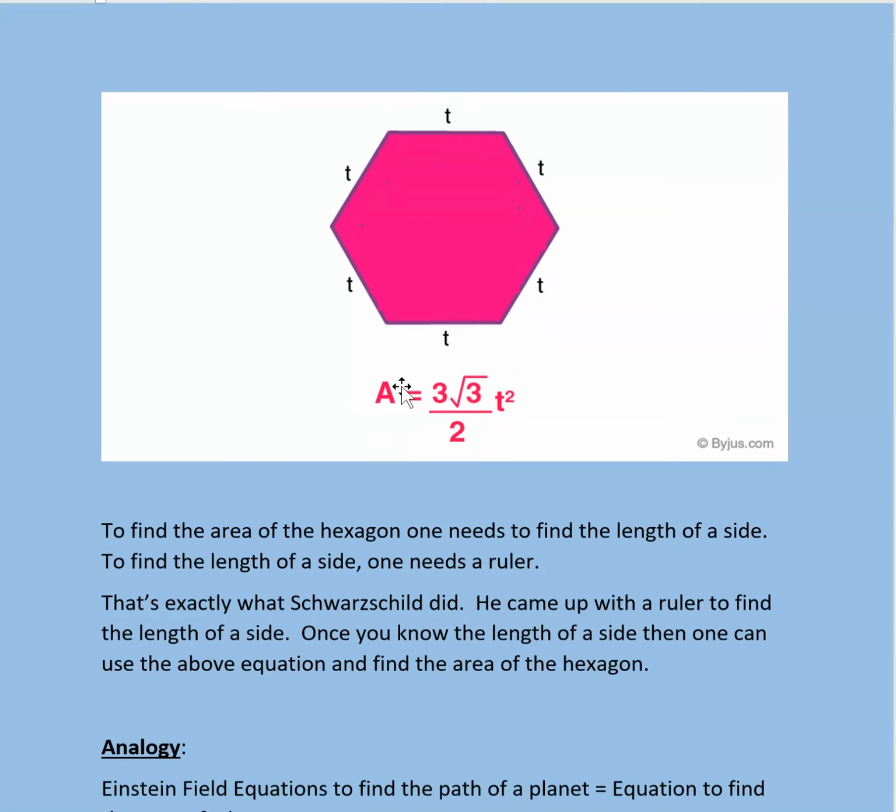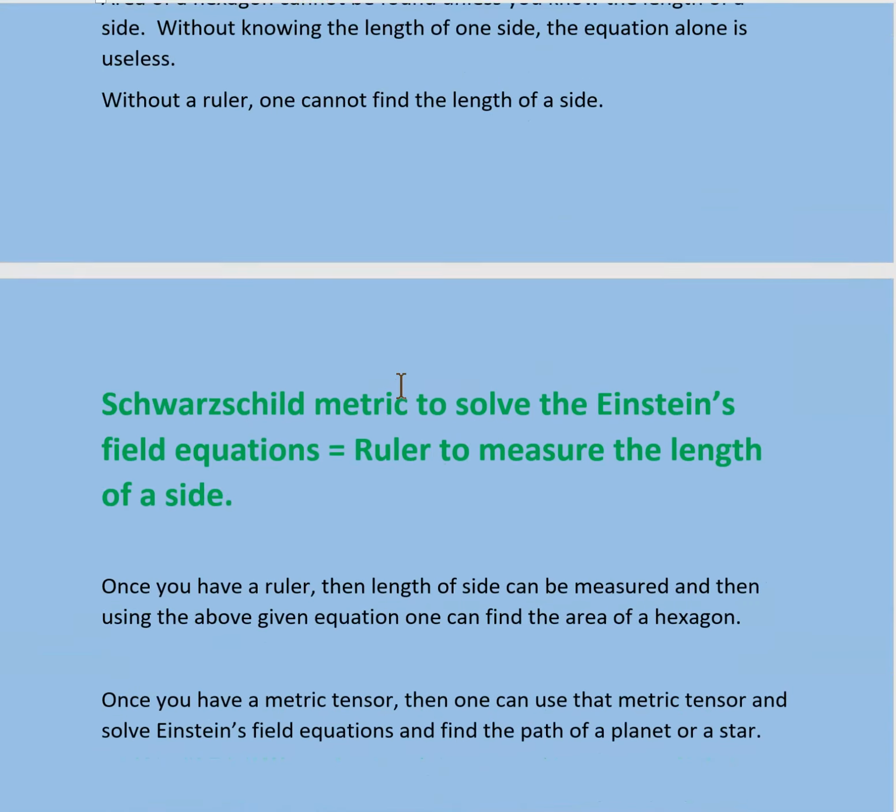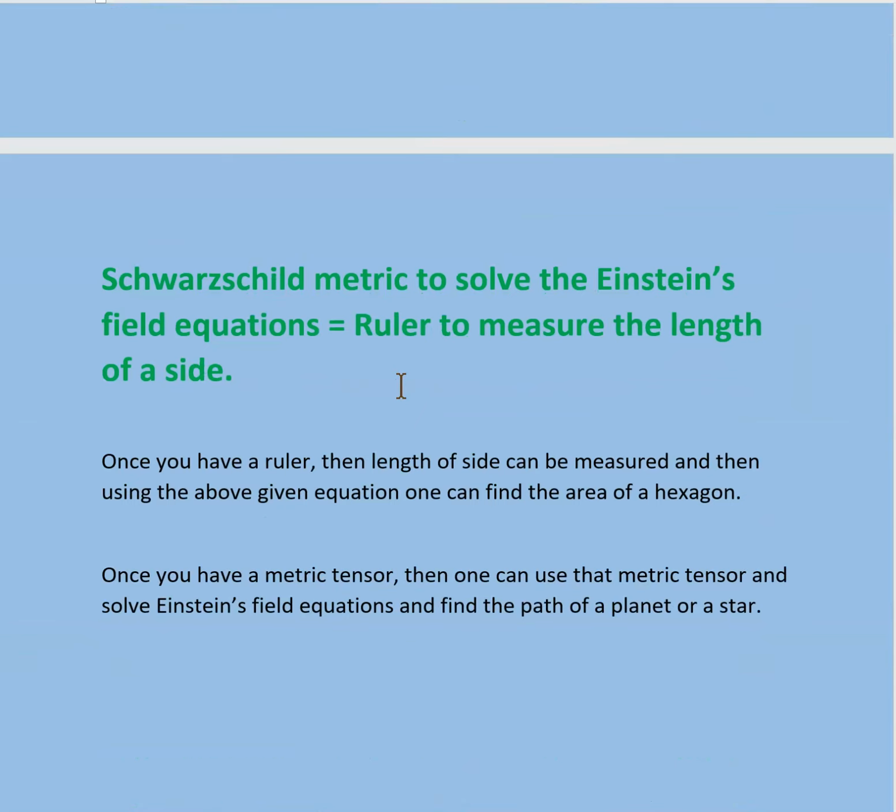So he came up with something called the Schwarzschild metric. The Schwarzschild metric, to solve Einstein's field equations, equals the ruler to measure the length of a side in our analogy.